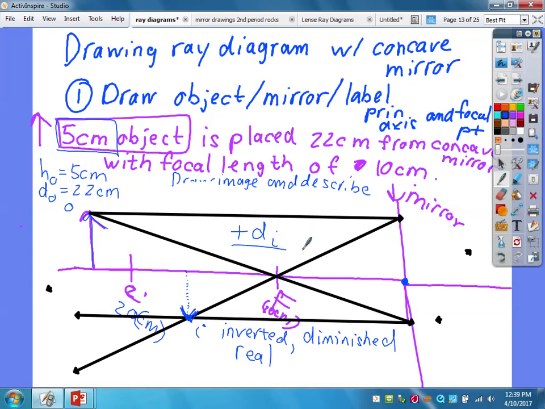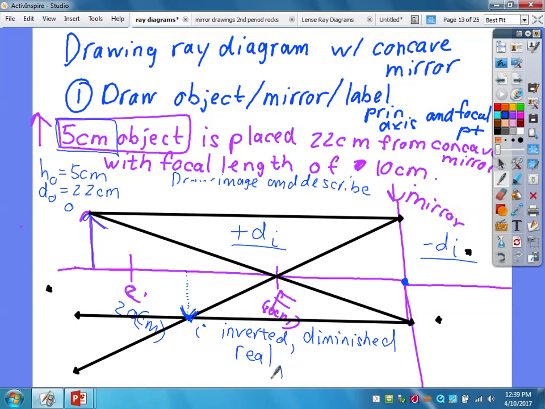We say it's positive because that's the direction the light's actually going. Anything on the opposite side of the mirror is considered negative image distance. So that's the other thing. This is going to be a positive image distance, and therefore it's on this side. That's real.